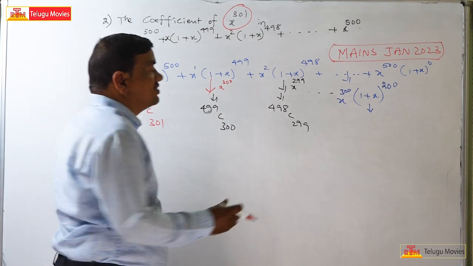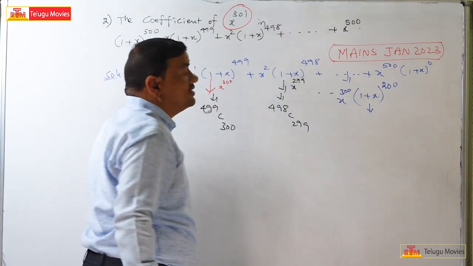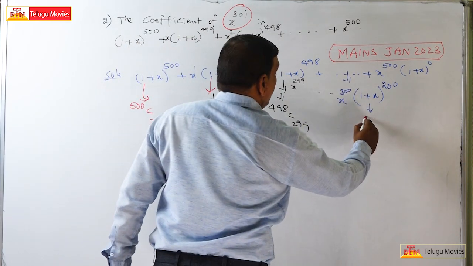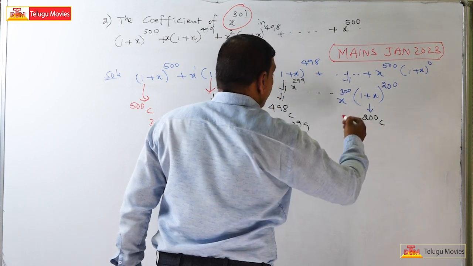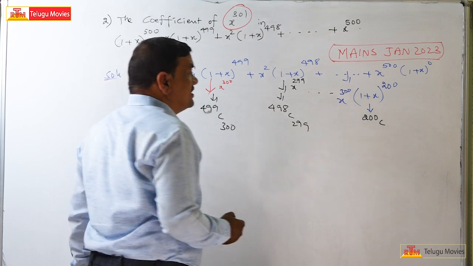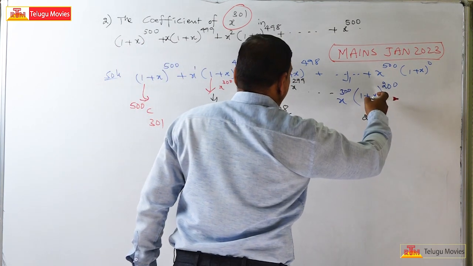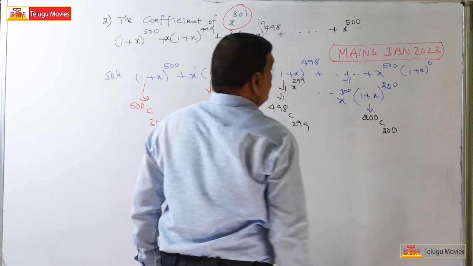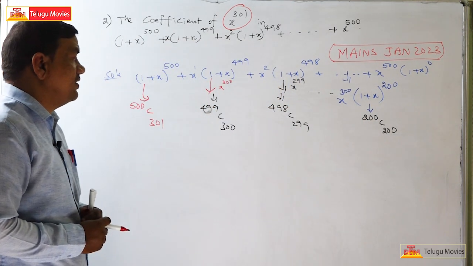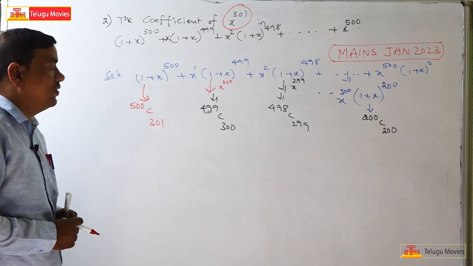So here if you find the coefficient of x, that is enough, because already x to the power of 300 is outside. So this is equal to how much? What is the coefficient in (1 + x) to the power of 200?